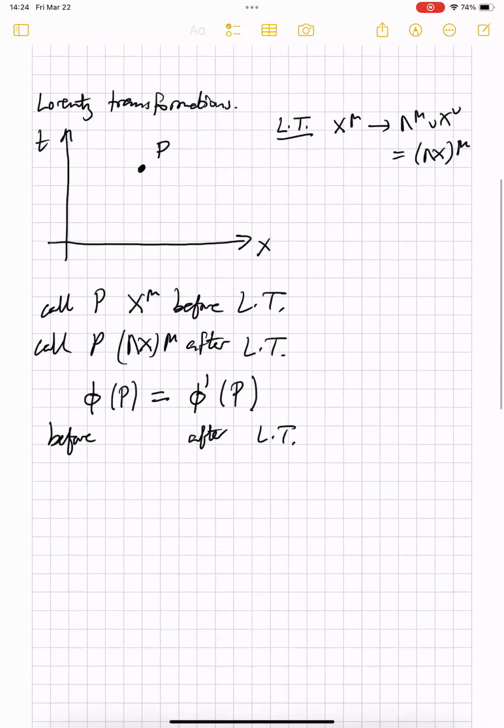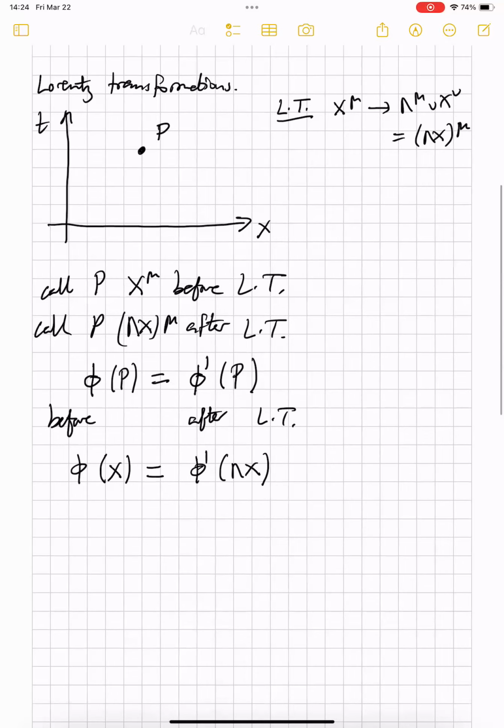Now, take into account what we call the point P. We want phi of x to be equal to phi prime evaluated at lambda x. So this is the definition of what we mean by a scalar field.